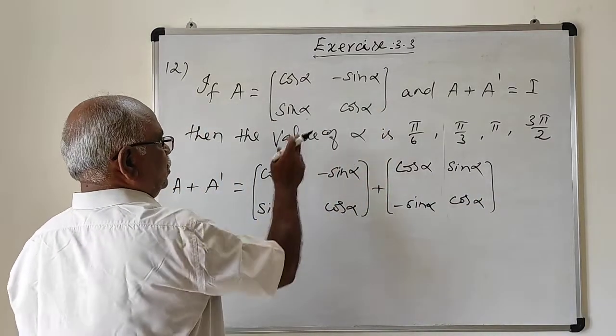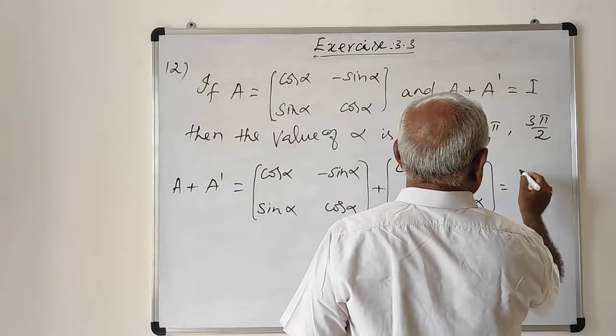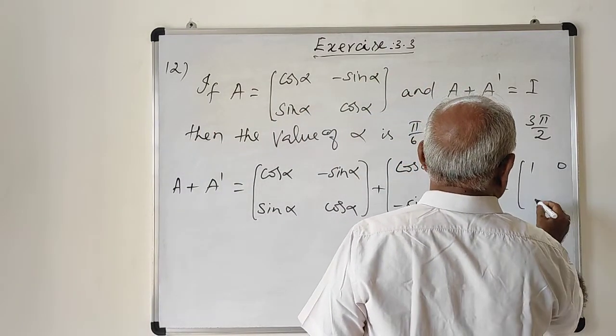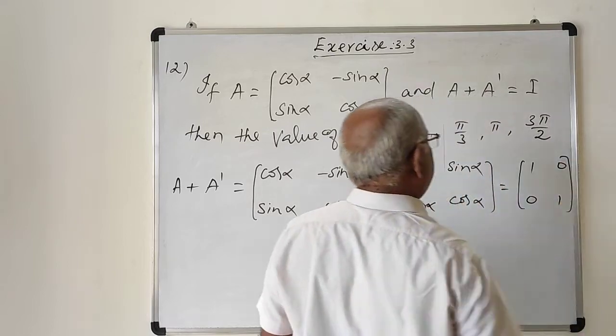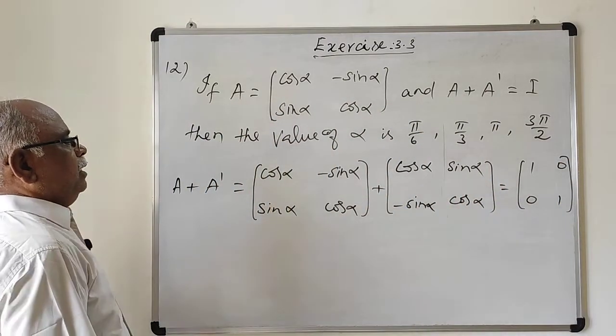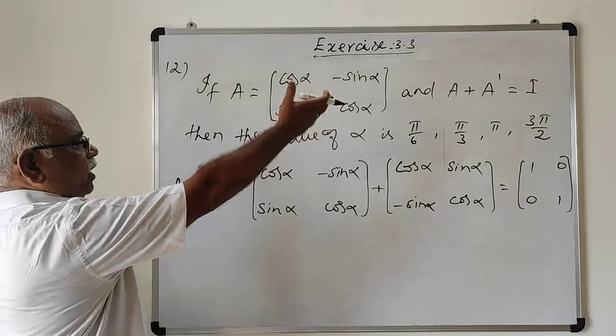This is equal to I, given as the identity matrix of order 2, 1, 0, 0, 1. This is the condition. Find alpha.